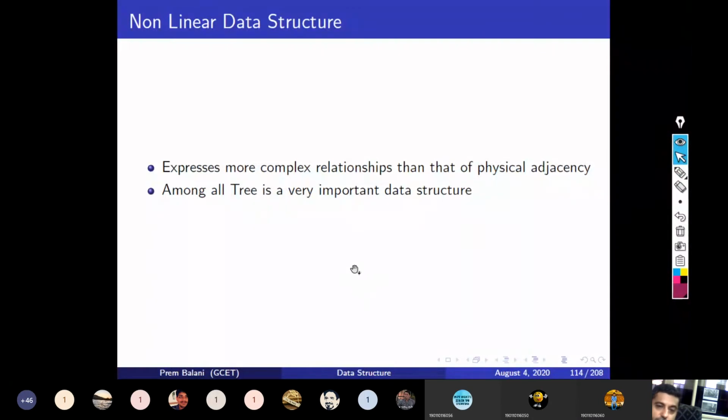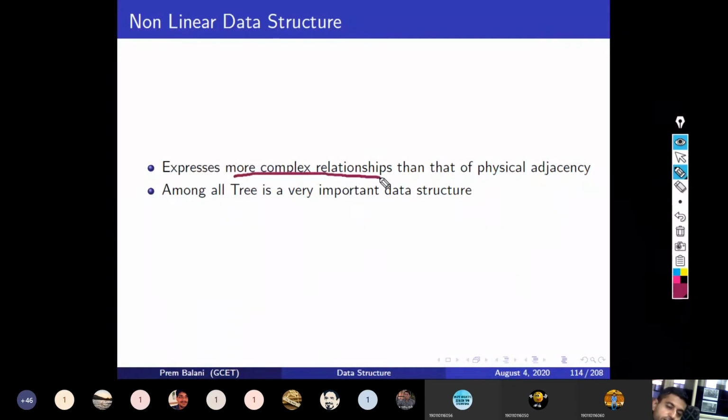So now our next chapter is non-linear data structures. Up till now we have seen the linear data structures like array, linked list, different types of linked lists, stack, queue; all these are linear data structures. And now we are going to see the non-linear data structure, and it expresses a more complex relationship, right?